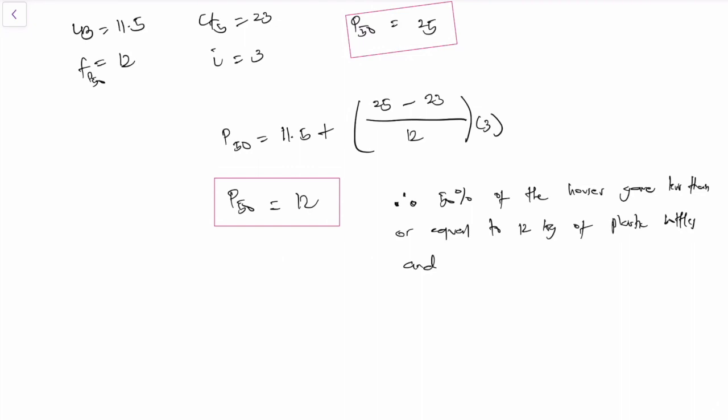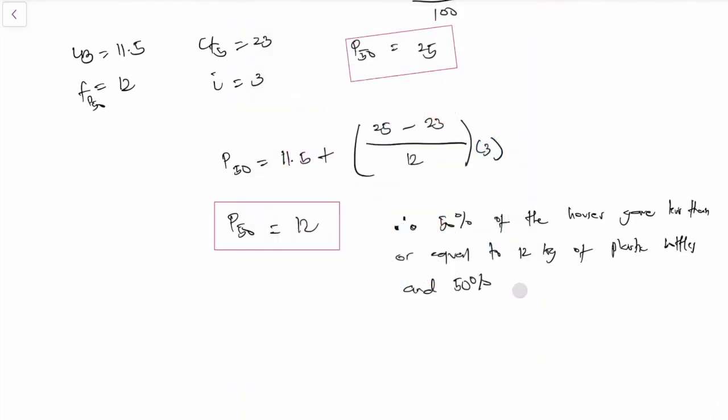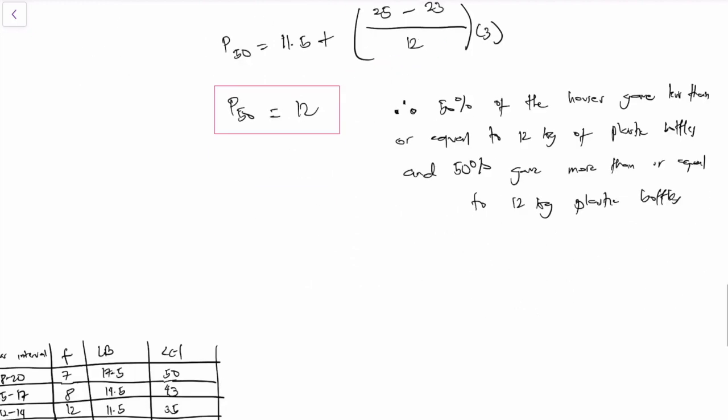At the same time, since 50% gave less than or equal to 12 kilograms, we can also say that the remaining 50% of the population gave more than or equal to 12 kilograms of plastic bottles. So that is how you interpret your answer.